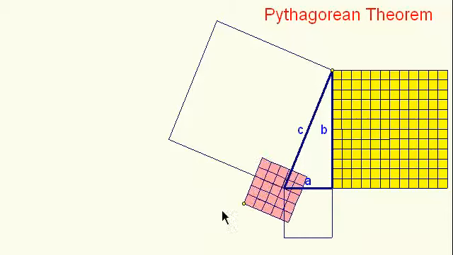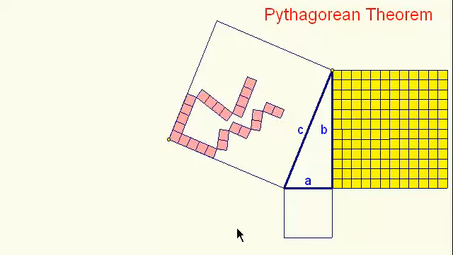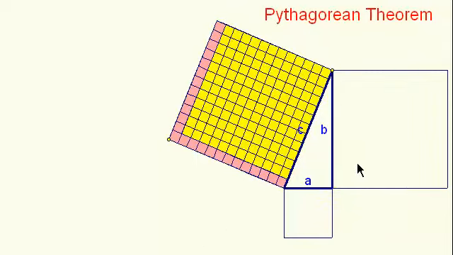Like we can see here, this covers part of the C square and the remaining part is covered by the square constructed on the other leg B. So the C square is completely covered by the area of the two squares constructed on the two legs.